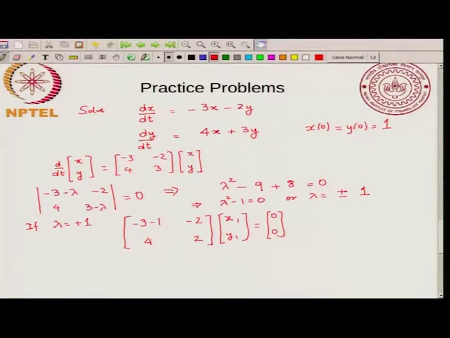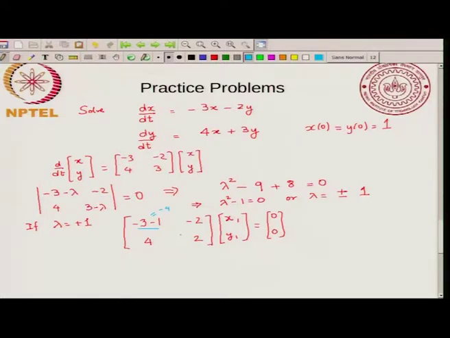So, we have this equation and you can clearly see minus 4 minus 2, 4 2, these are the same equation. Okay. So, obviously they should be linearly dependent, and you can clearly see this because this gives you minus 4. So, you have minus 4 minus 2 in the first row and you have 4 2 in the second row, and clearly the first row is just minus 1 times the second row. Okay. So, clearly these two rows are linearly dependent.